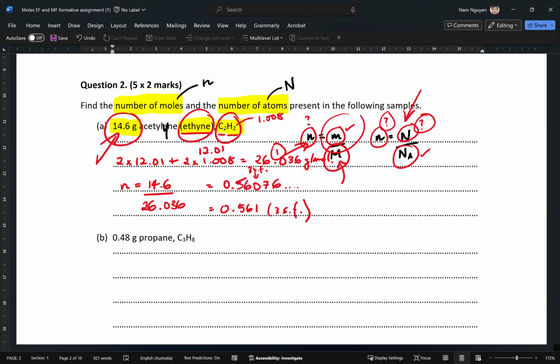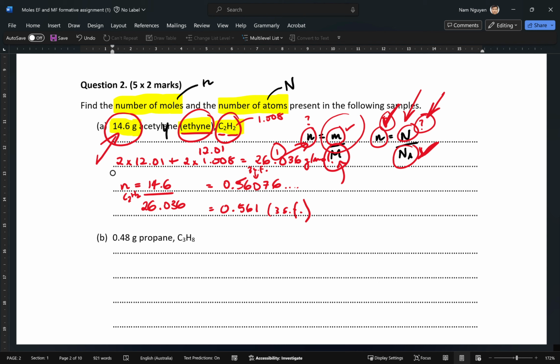Now that we have the number of moles and we have Avogadro's number, we can now determine the number of atoms. However, it's important here that you understand that what we have just calculated is the number of moles of ethyne. So that's why using a subscript for our calculations is really important, so that we don't lose track.